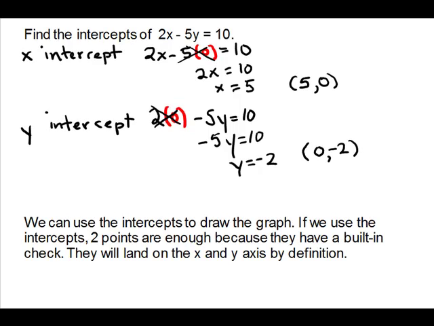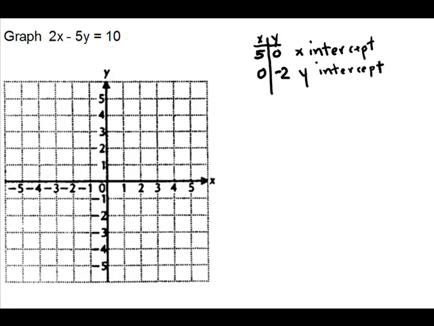We can use the intercepts to draw the graph. If we use the intercepts, 2 points are enough because they have a built-in check. We know that they will land on the x or y axis by definition. Let's draw the graph of this equation using the intercepts which we found. So first, 5, 0, start at 0, 0, over 1, 2, 3, 4, 5, and up 0.